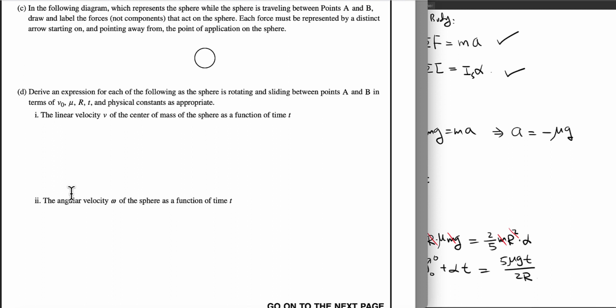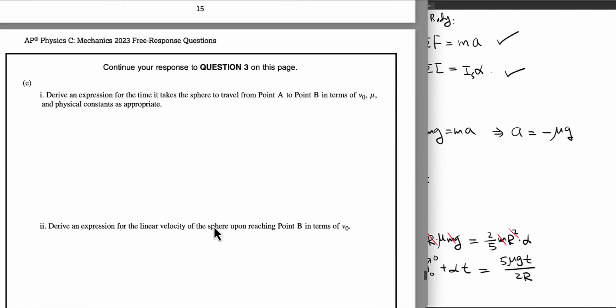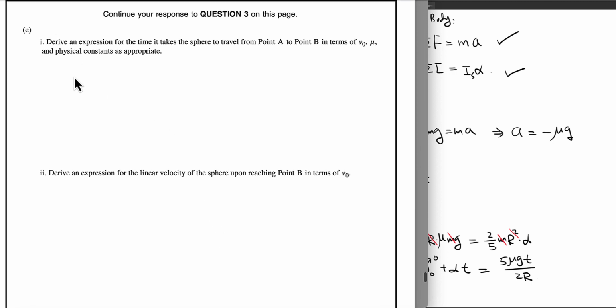All right, so now let's look at the last question, Question E. You ask about deriving an expression for the time it takes the sphere to travel from point A to point B in terms of mu naught, v naught, mu, and physical constants as appropriate.